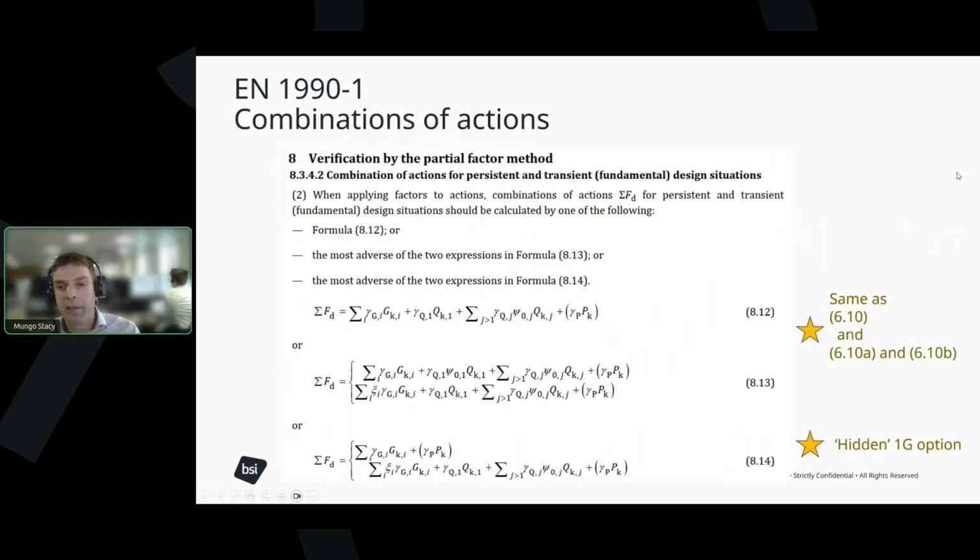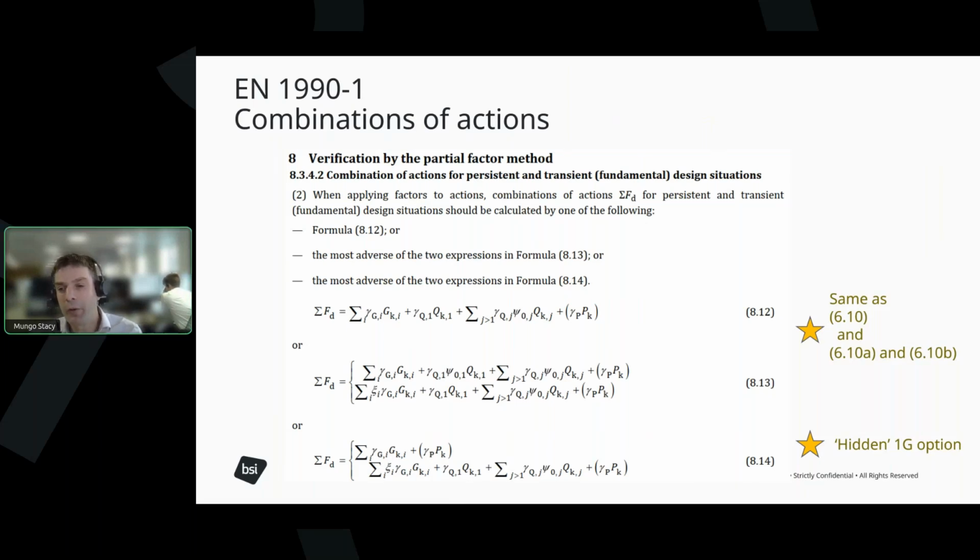Similarly, the fundamental combinations of actions that we've become familiar with using in first generation Eurocodes, and I did many Eurocode training sessions, and we always talked about equation 6.10, equation 6.10a and b. You'll be pleased or not to know that those equations are still present in the second generation Eurocode. Again, the numbering change kicks in, so we now have formula 8.12 as shown on the screen, which does the same job as the former equation 6.10.